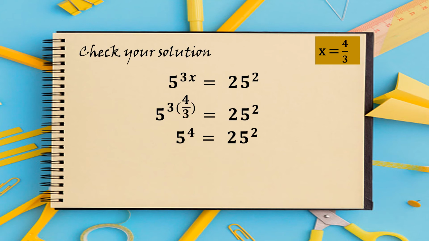And 5 raised to 4 equals 25 raised to 2. To simplify, 5 raised to 4 is equivalent to 625 and 25 raised to 2 is equivalent to 625. Therefore, x equals 4 over 3 is a solution for this given exponential equation.